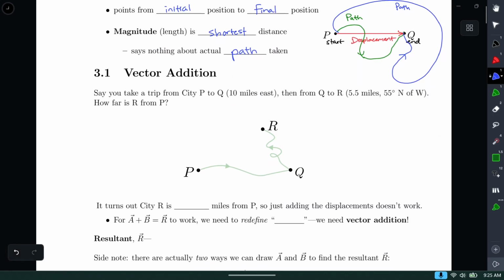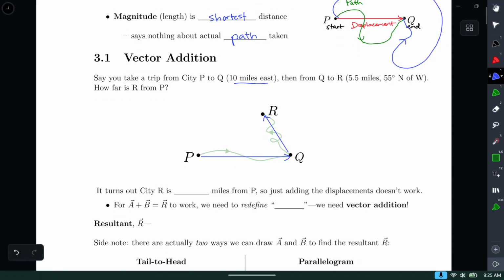So say I take a trip from P to Q. I'll call that my first displacement. And it's 10 miles to the east. And then I take a trip from Q to R. So 5.5 miles at 55 degrees north of west is going to be this angle right here.